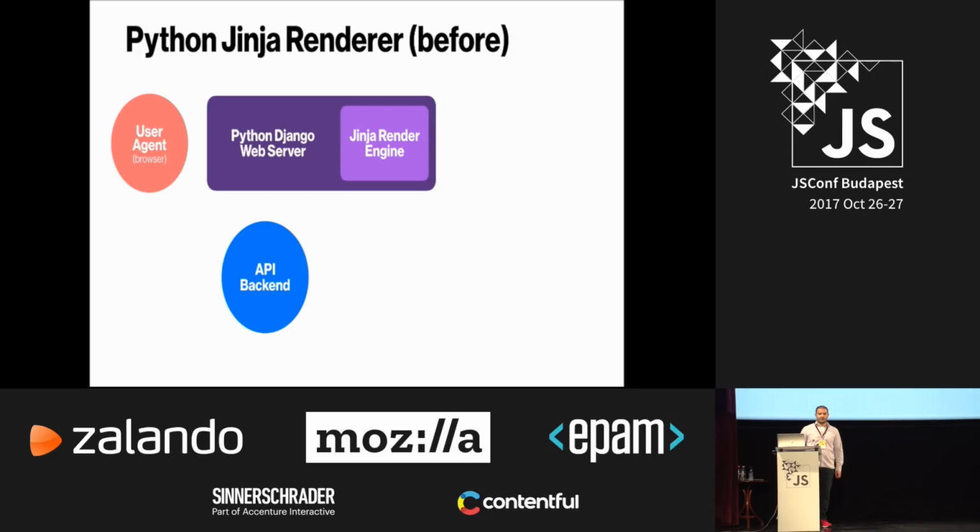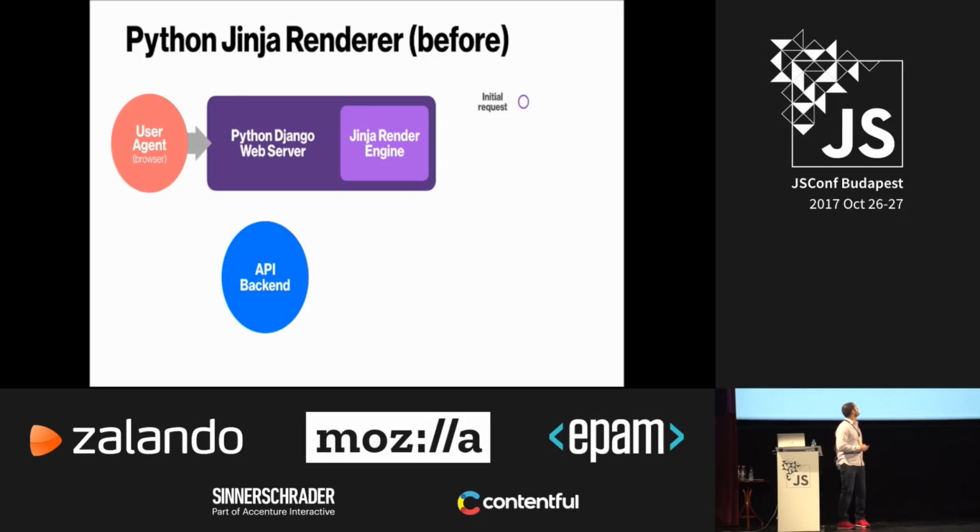And now let's take a look at how our rendering used to work before we introduced the Node.js sidecar. As I mentioned before, our templates are structured as trees. A root module can have children modules, and children modules can have more children modules. And a renderer pass traverses the tree, rendering each of these nodes and combining them into resulting HTML.